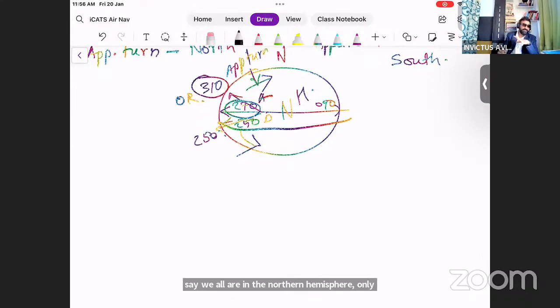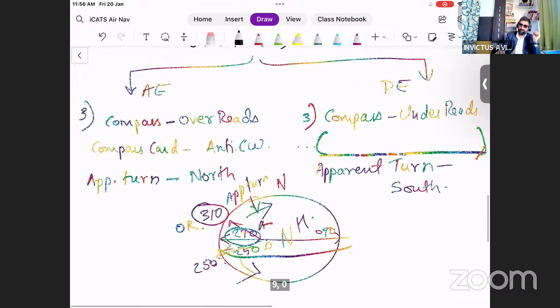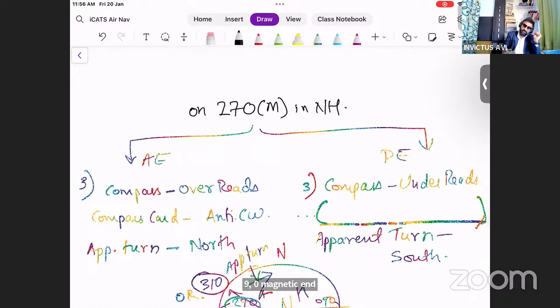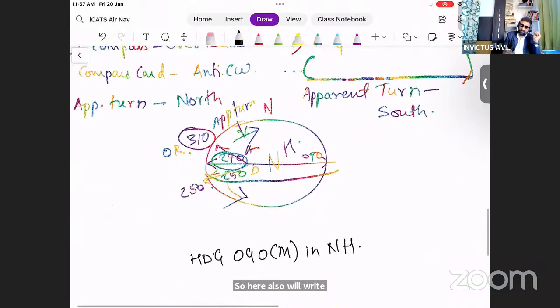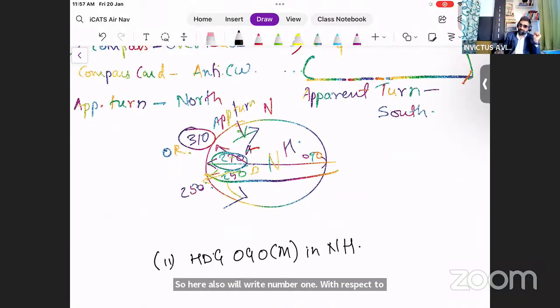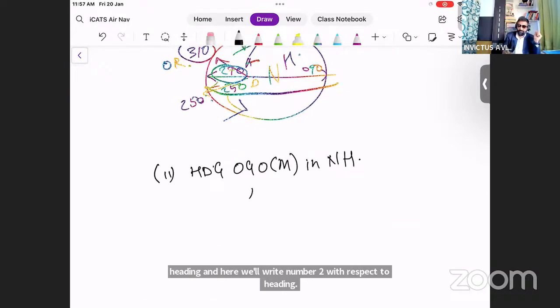Now write down the second heading in the northern hemisphere. Heading 090 magnetic in northern hemisphere. So here also we'll write number 1 with respect to heading. And here we'll write number 2 with respect to heading. So we are now easterly in the northern hemisphere.